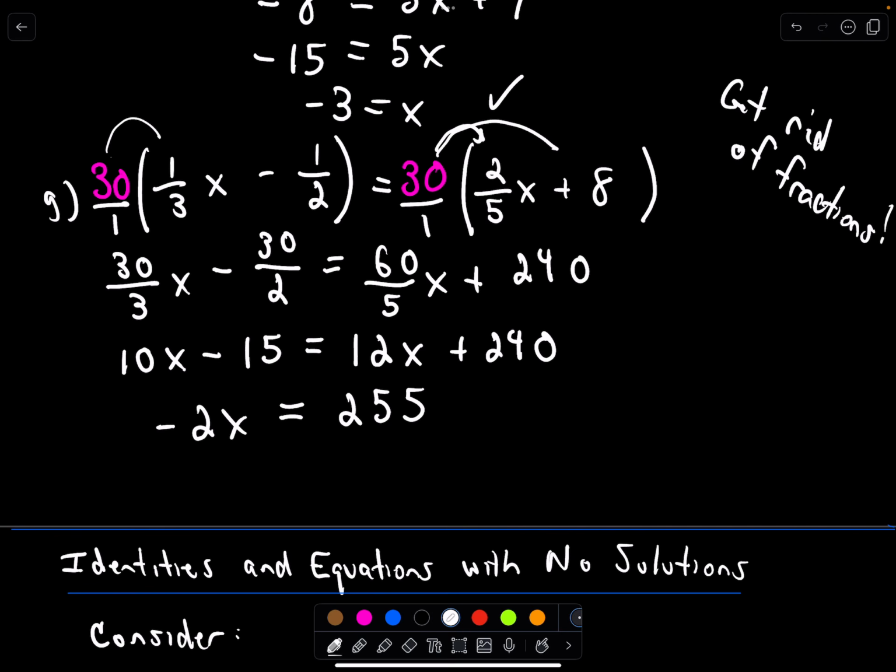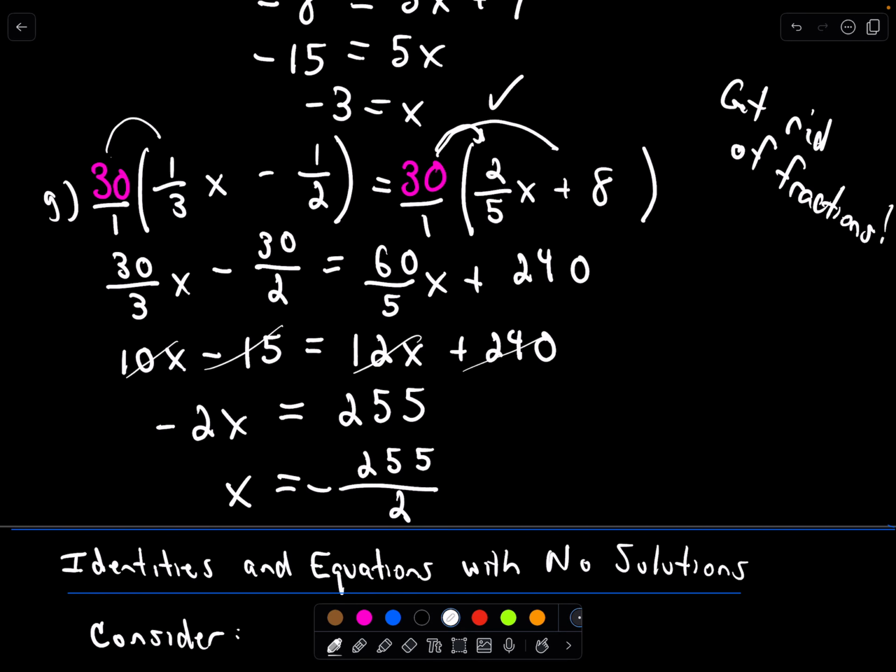I've already dealt with the x's, I've moved the 15 and combined it with my 240, so that looks good. Now I've got this negative 2 out front. We can just divide both sides by negative 2. So that's 255 over negative 2. But if you want, we can pull that negative out front, and there's our solution.